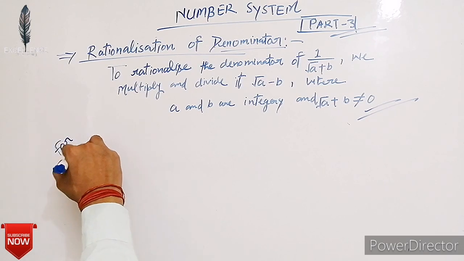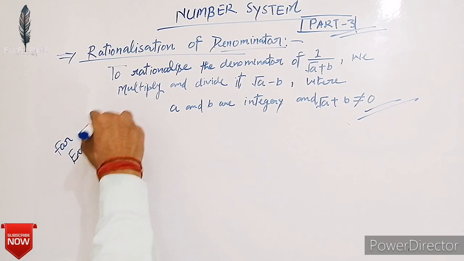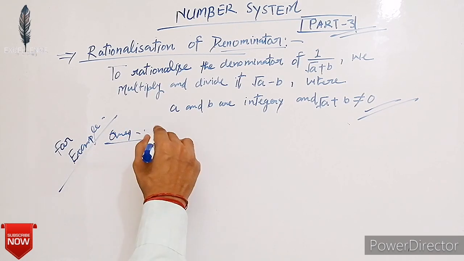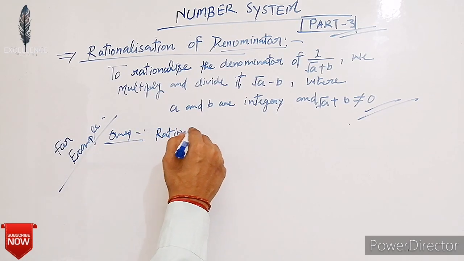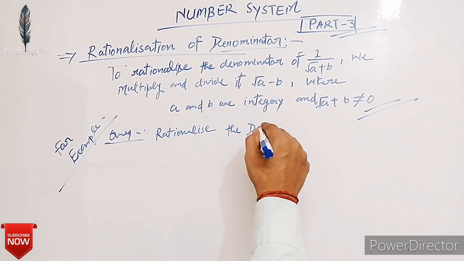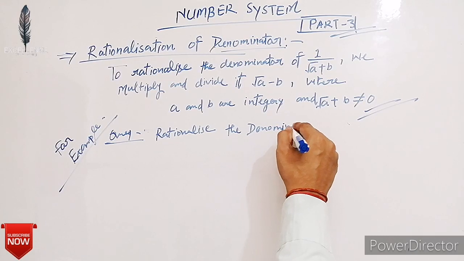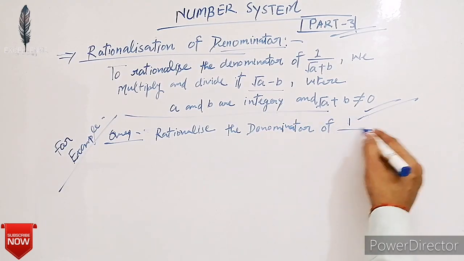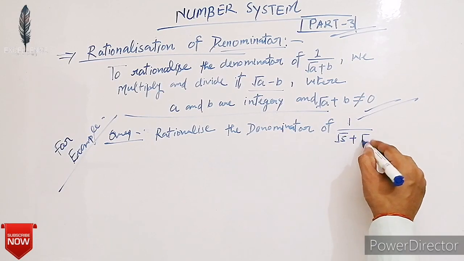Let's see an example to clear this concept. Question: rationalize the denominator of 1 upon under root 5 plus under root 3.